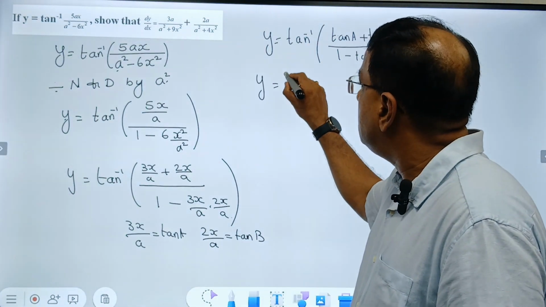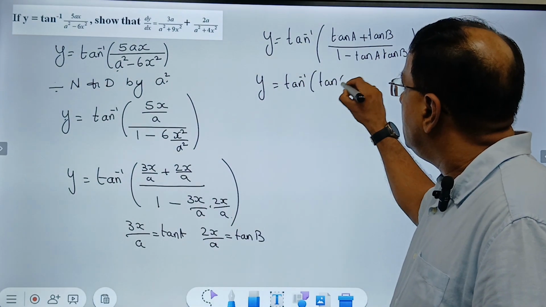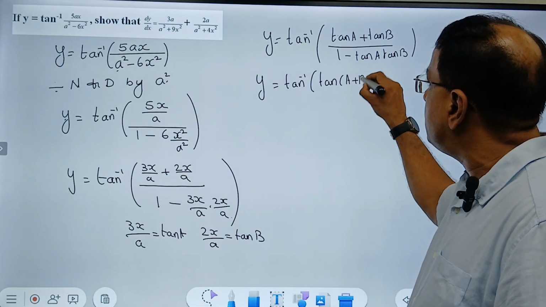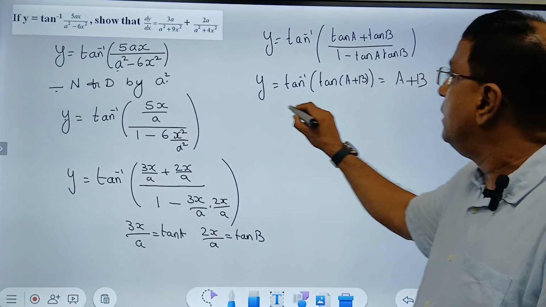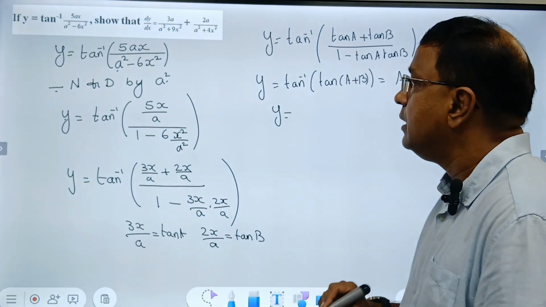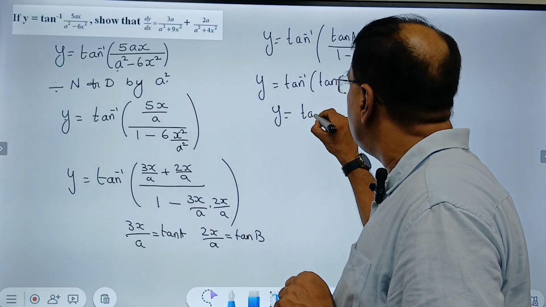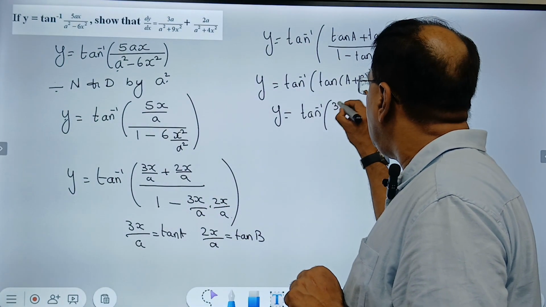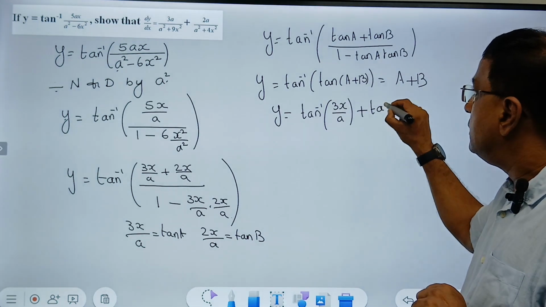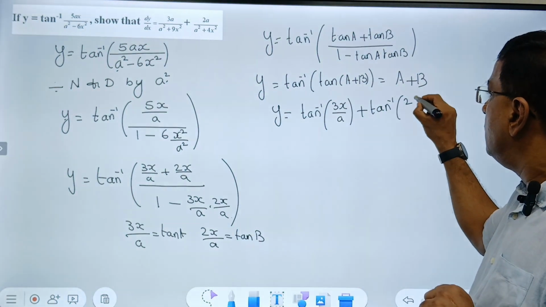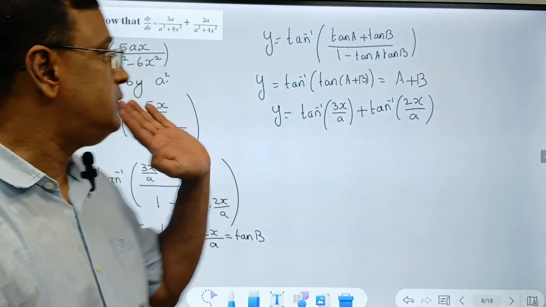It is nothing but tan of A plus B. What is tan inverse of tan of A plus B? It is A plus B. So what is A? My A will be tan inverse of 3x by a. What is my B? Tan inverse of 2x by a. So I have written it in the simplest form.